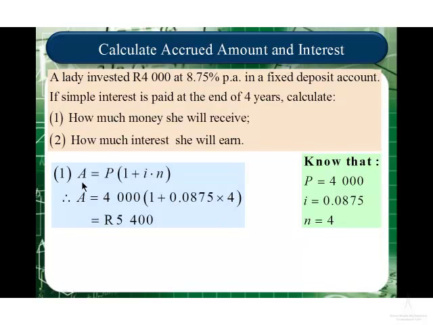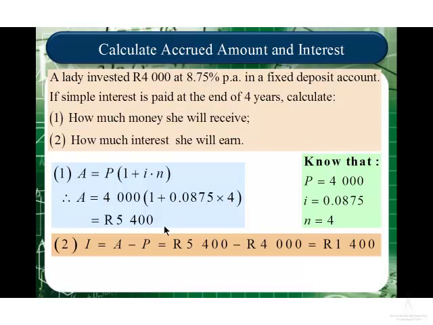In the first instance it's straightforward. If we apply our growth formula for simple interest, substituting the values and calculating with your calculator, we see that the investment will grow to 5,400 rand after 4 years. And in part 2, how much interest will she earn?